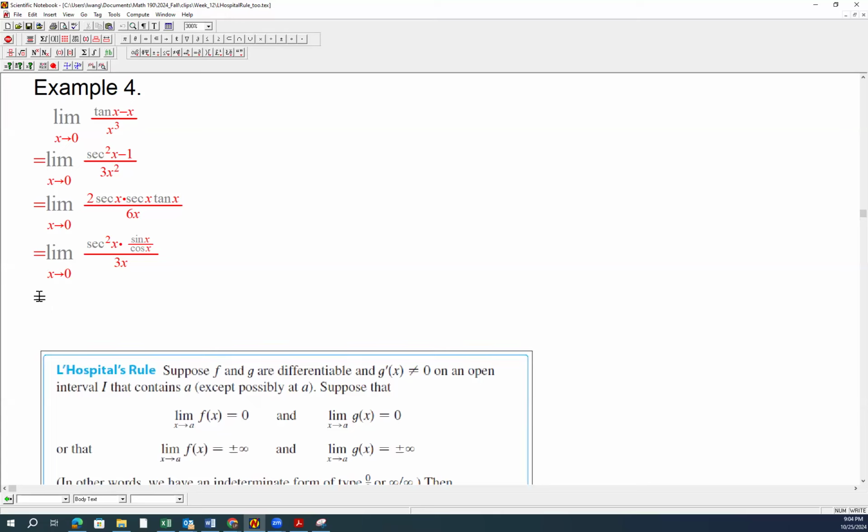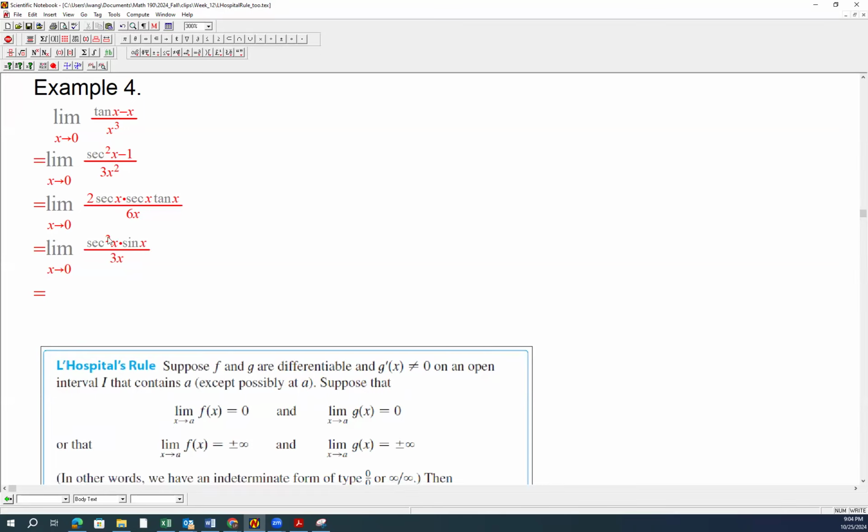What do we get now? Because 1 over cosine, right? We're going to write it this way. Sine x, I write sine x on the side. 1 over cosine x, that's secant x. So we got secant x to the power 3, and sine x.